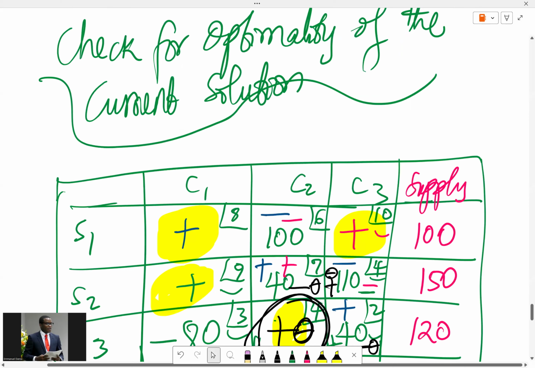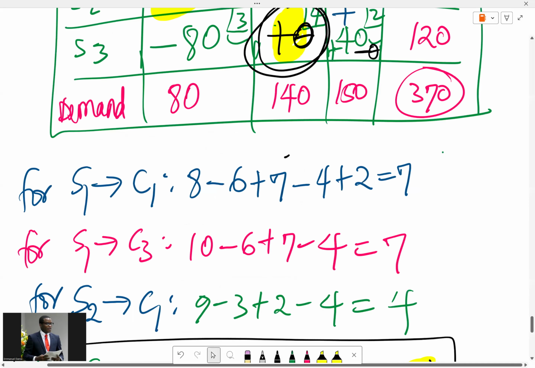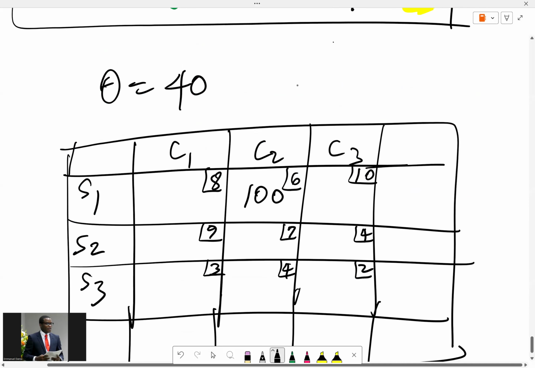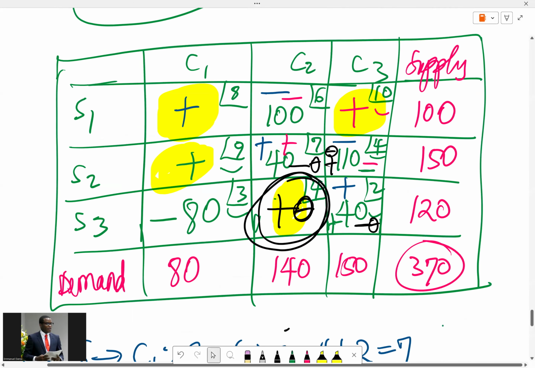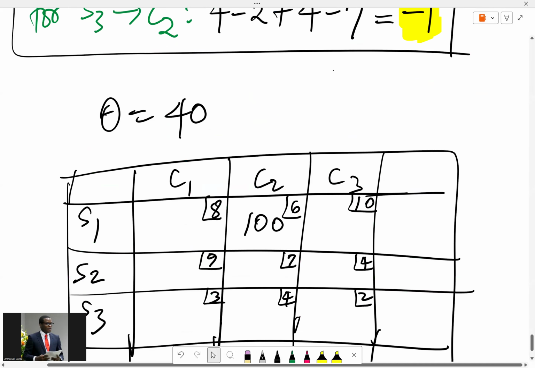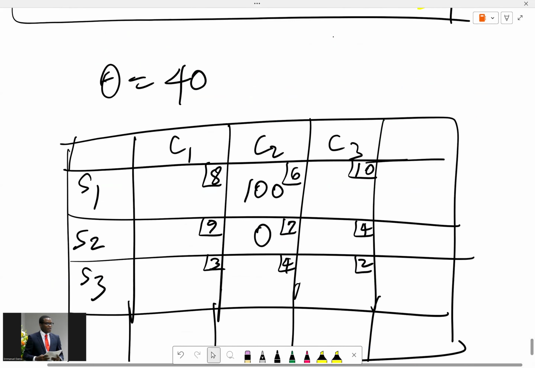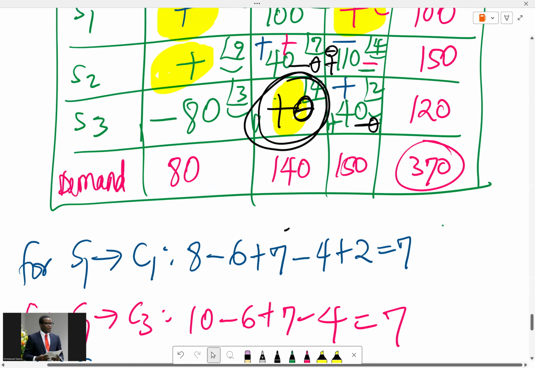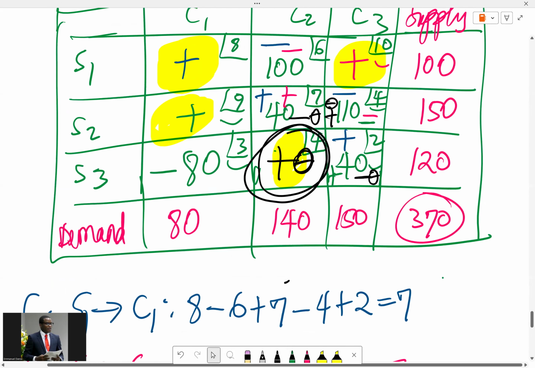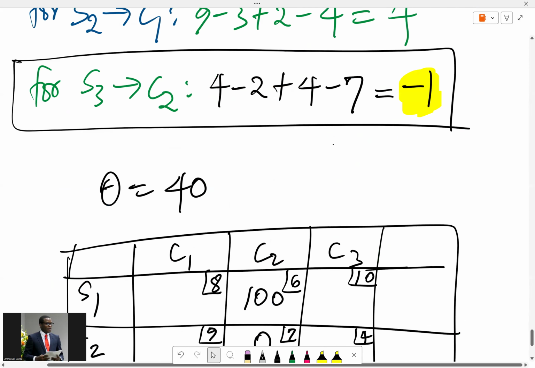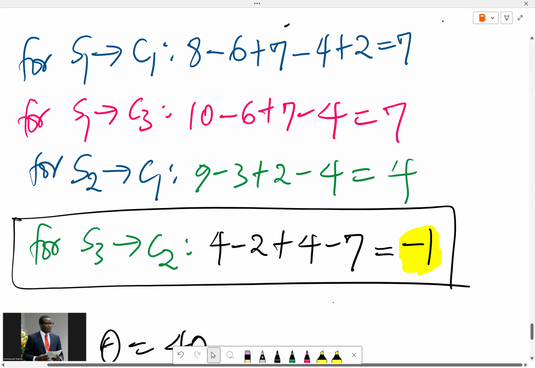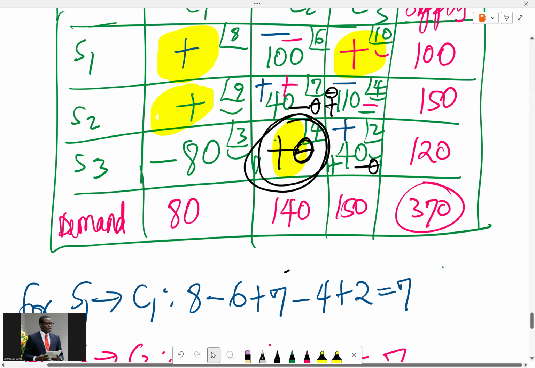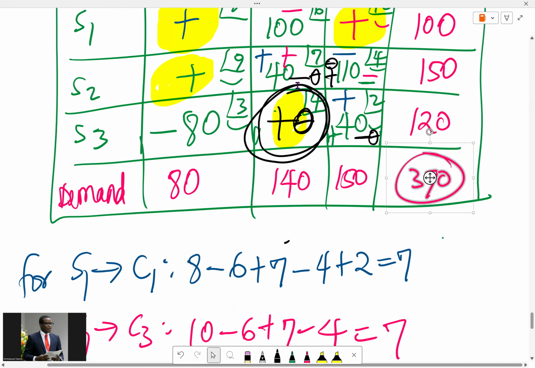So now what are the new allocations like? S1, C2 doesn't change. So we have 100 allocations remain here. Then S2C2 is 0 now, because 40 minus theta, the theta is 40, is 0. Then, of course, down here, we now have the 40 shifting down. So it has to be 110 plus 40.